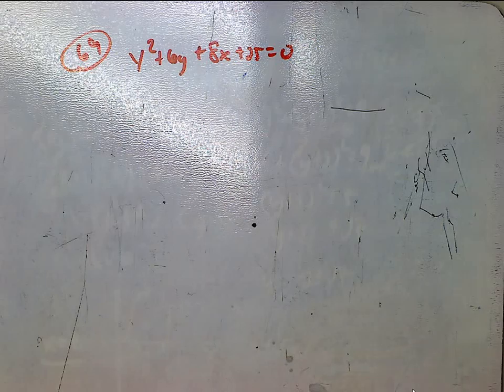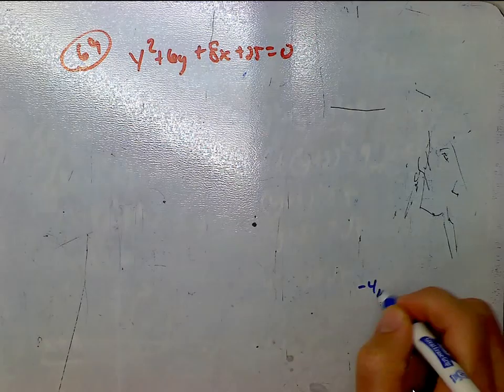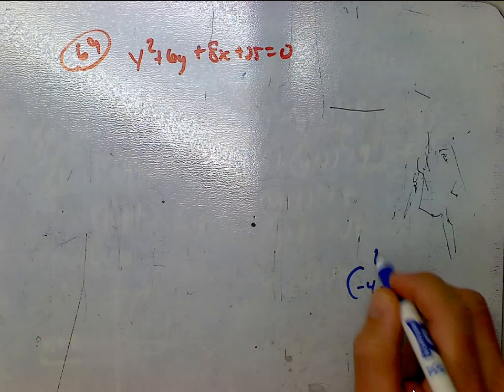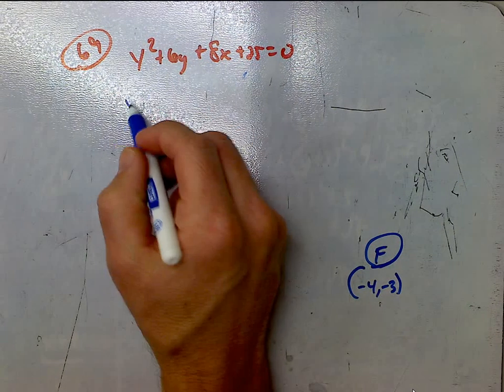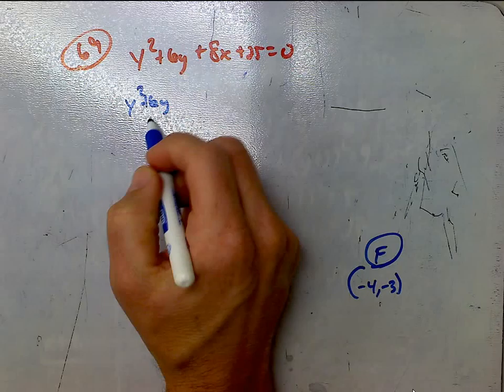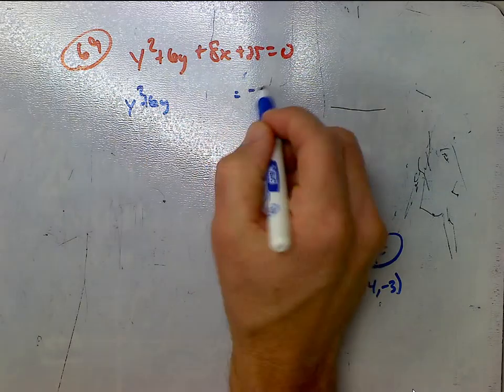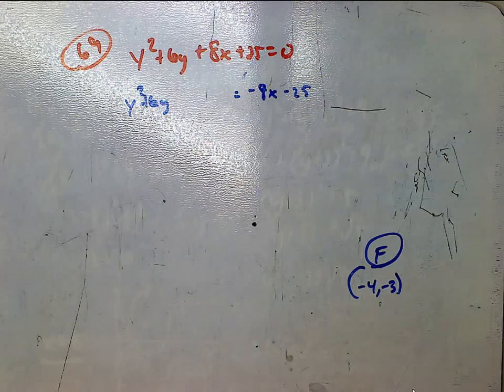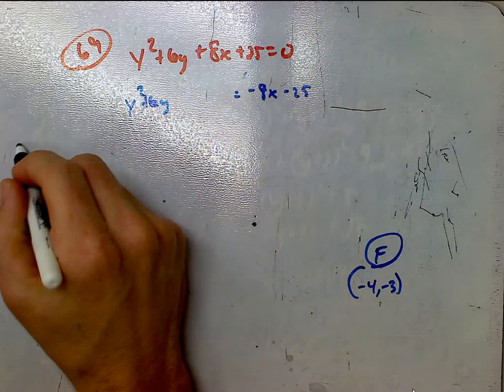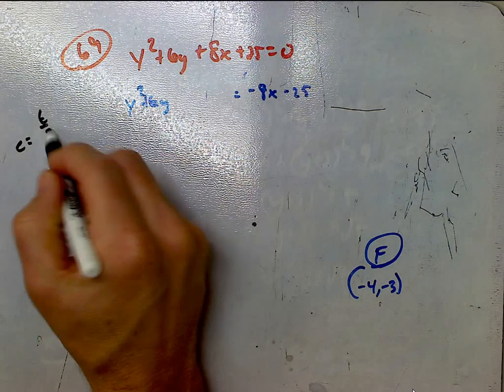Alright, the focus turns out to be at -4, -3. That's the focus. If you're not sure how to get that, first thing I would do is I would get y squared plus 6y by itself on the left, subtract the 8x, subtract the 25. Okay? You need to find some number c, that is b divided by 2 quantity squared, so 3 squared, which is 9.